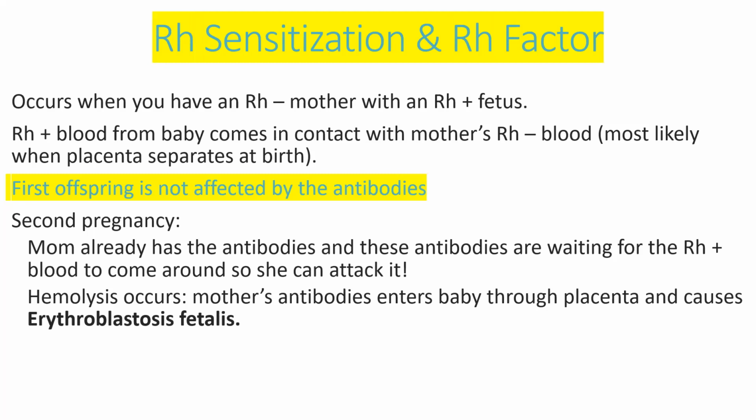So really, as a summary of this slide here, an RH positive mom and RH negative fetus is no problem. I'm going to write that down. RH negative dad and then RH negative mom is going to make an RH negative baby, so no problem.